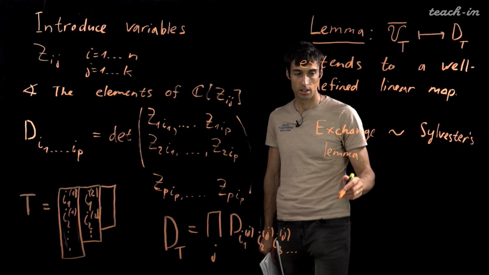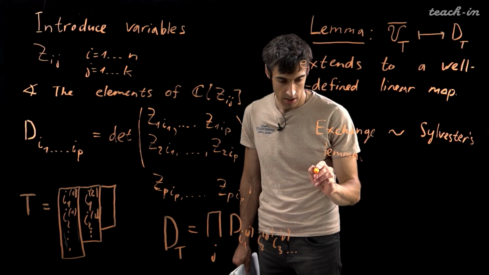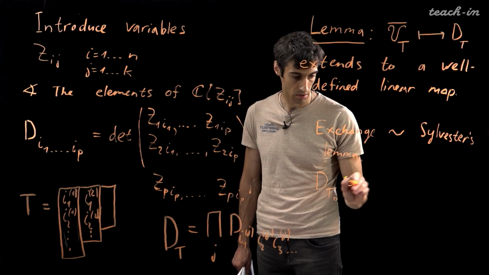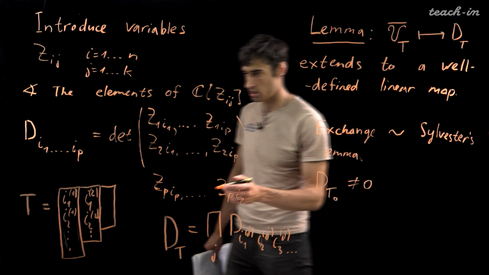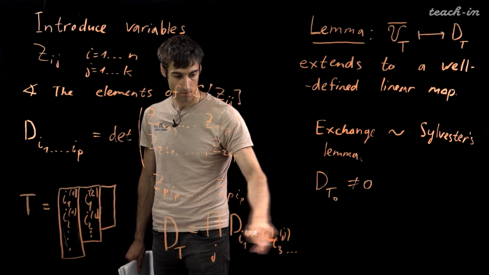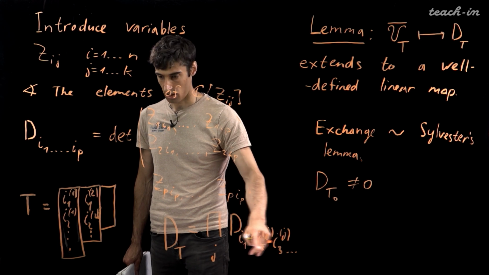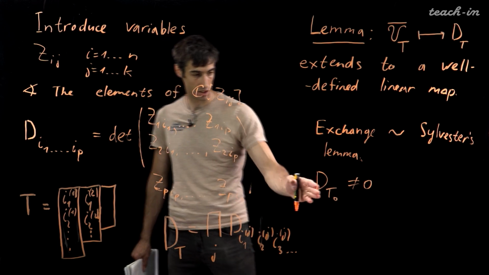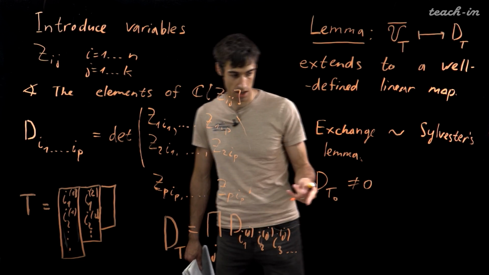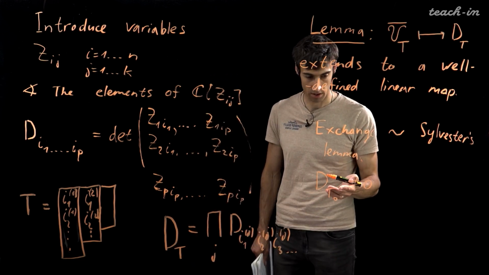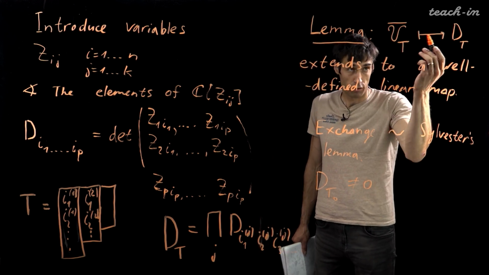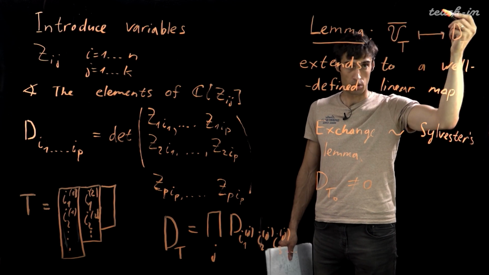On the other hand, you can check that d_t0 is not 0. This is easy to see. Just check that each determinant corresponding to one column in T0 is not 0. It is because all columns are different. But since d_t0 is not 0, a well-defined linear map cannot send 0 to not 0.